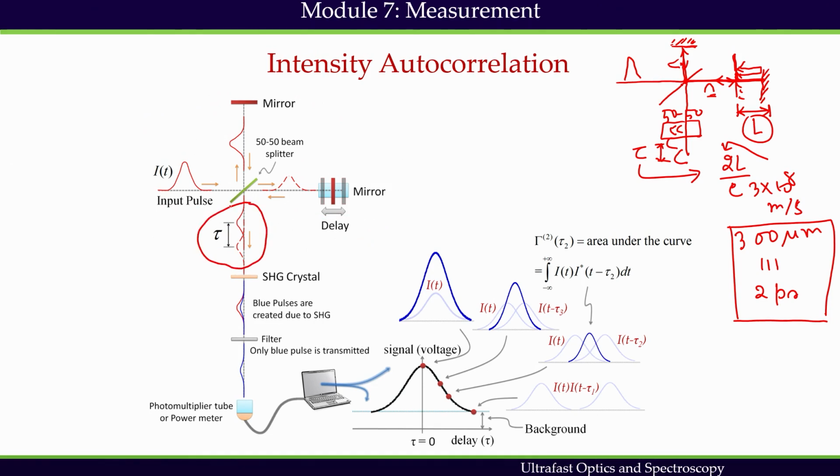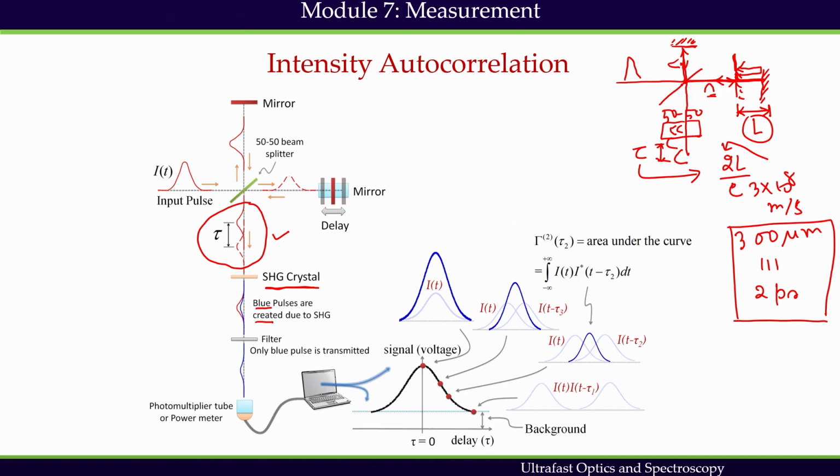They have tau delay, and we have now inserted one SHG crystal, a second harmonic generation crystal. Because these two beams are coming collinear, each beam will produce second harmonics, as well as there will be coherent generation of the second harmonic due to the joint action of the two beams.